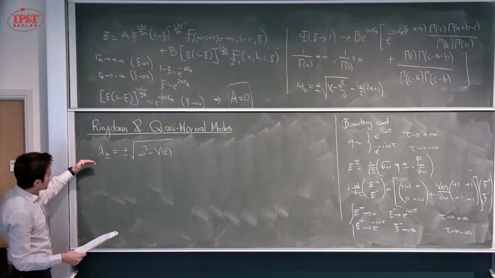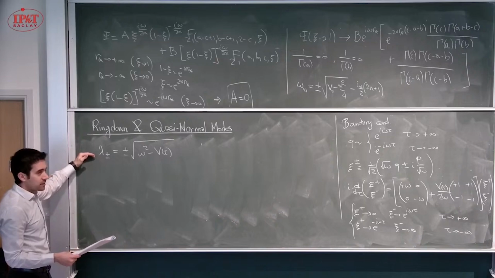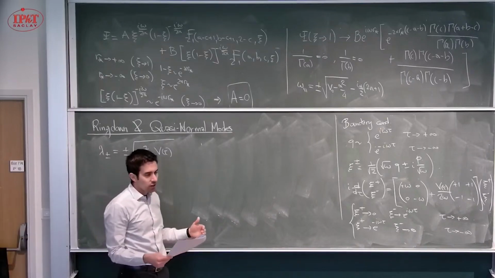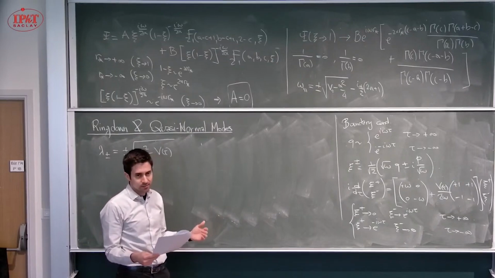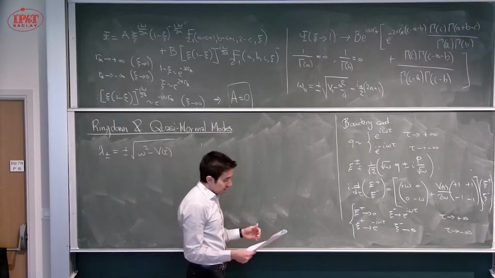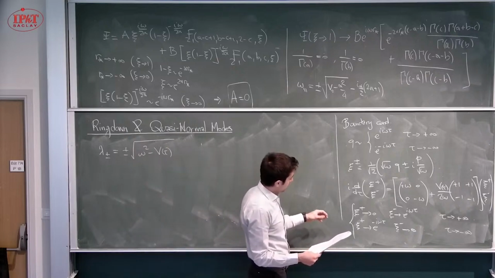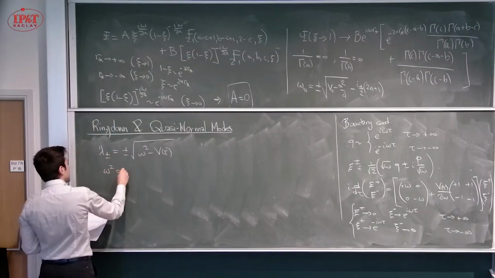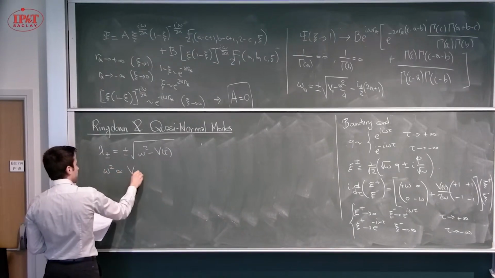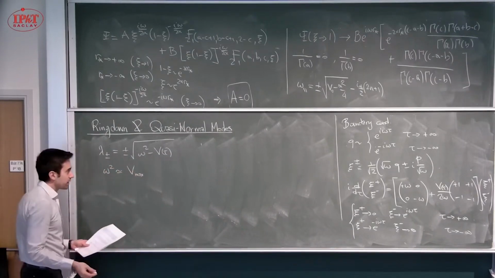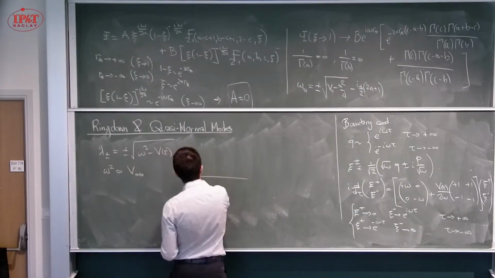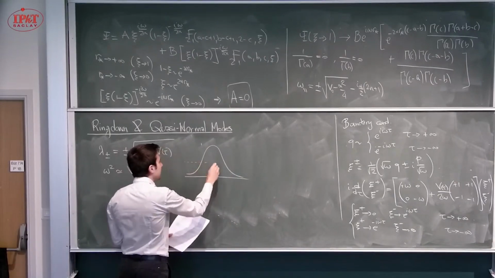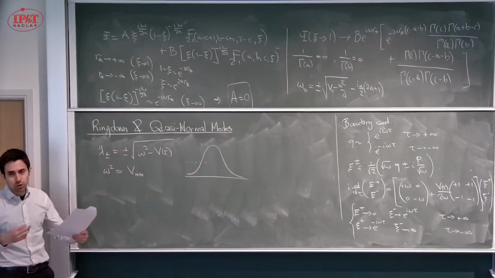And we want these eigenvalues to become degenerate, but in fact, we want something more. We want that there is only a single level crossing. In other words, we want that the frequency omega squared is equal to the maximum of the potential. If the potential is the one that we have drawn before, with the maximum, of course, if the frequency is like here, you will have two crossings.